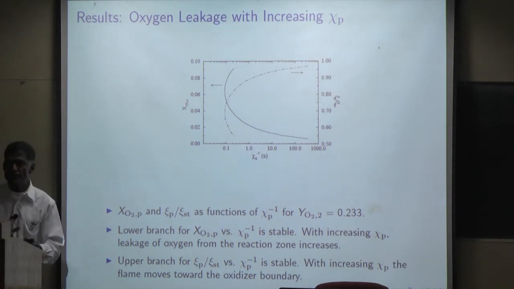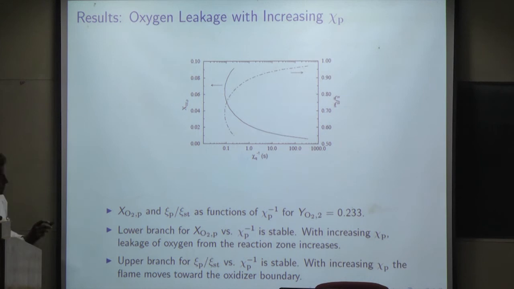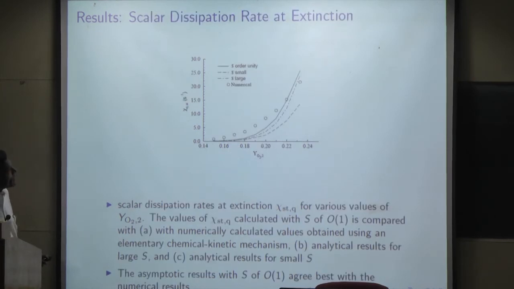So as you increase the strain, there's less chemical reactions taking place, so therefore oxygen leakage is increasing through the reaction. And this is again the extinction over here. Extinction, right? Okay.